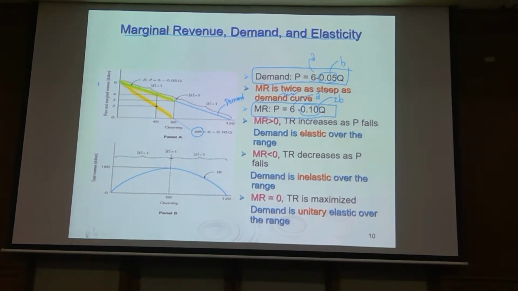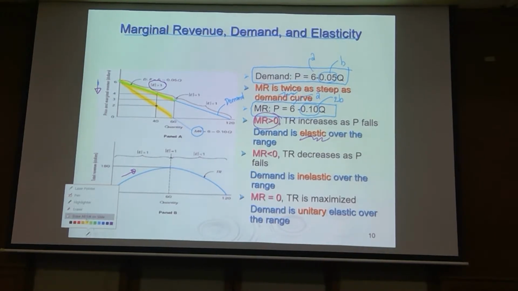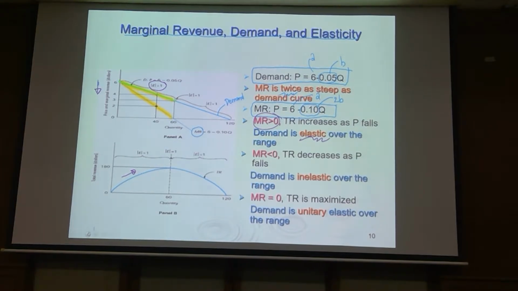So you know from the pre-term that when demand is elastic and you reduce price, you should be able to earn more. So marginal revenue is greater than 0. If you reduce the price of your product, you'll be able to earn more revenue as a result.